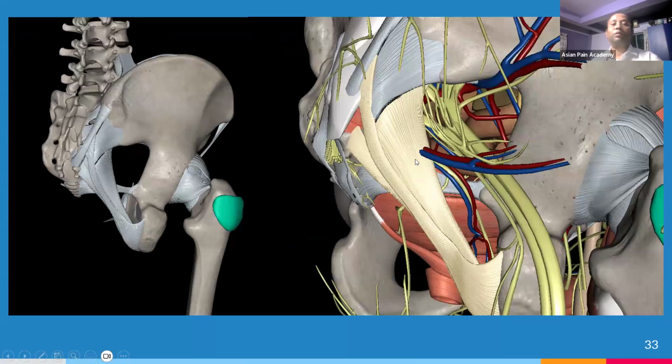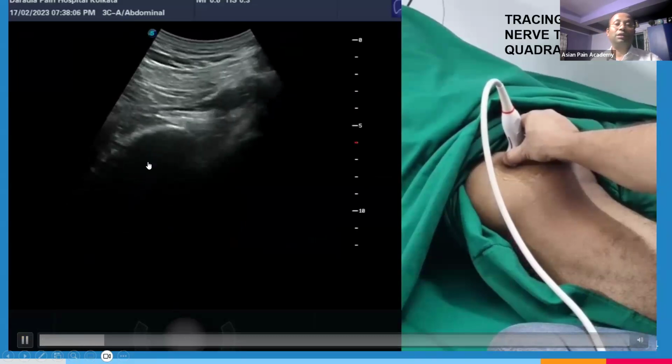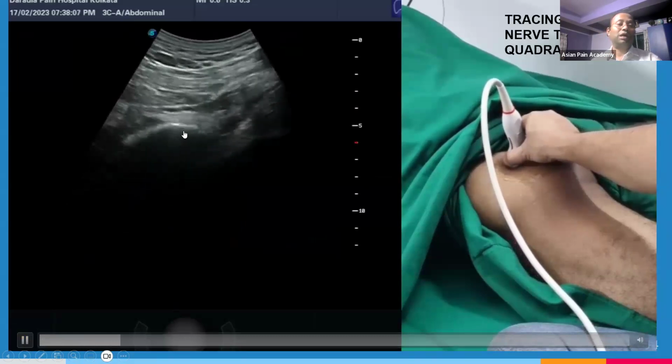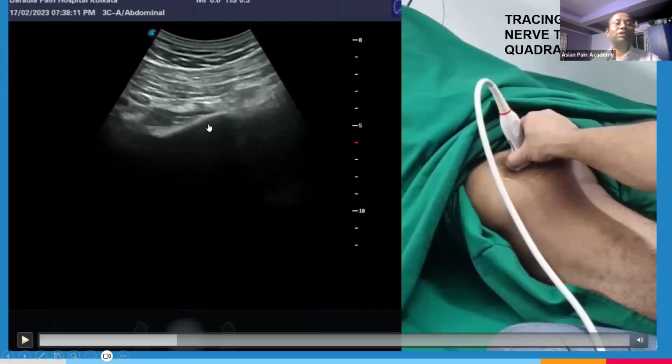You remember that I already talked about this. Okay. So the fourth position is when we are going to the ischial tuberosity. So it will come over the third position. So this was the third position. Okay. As soon as we come in the third position, we see the pudendal nerve here.